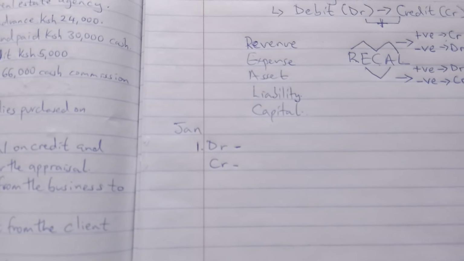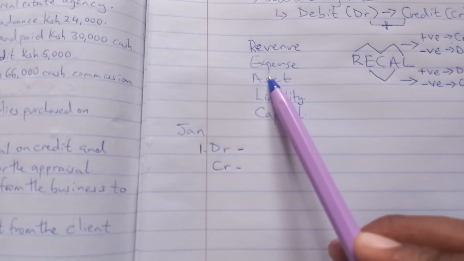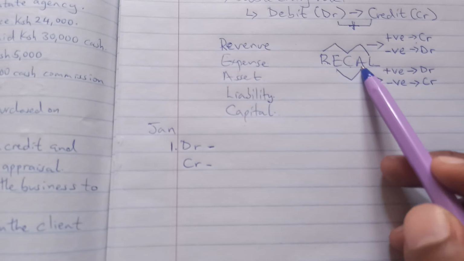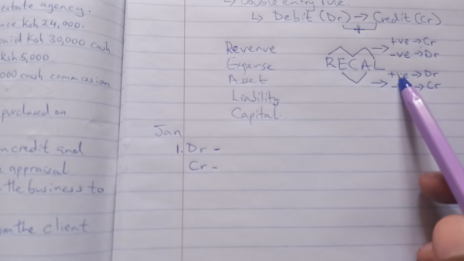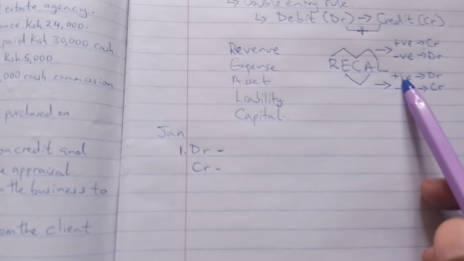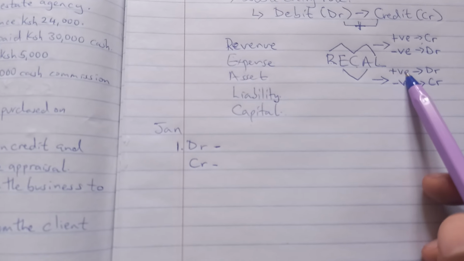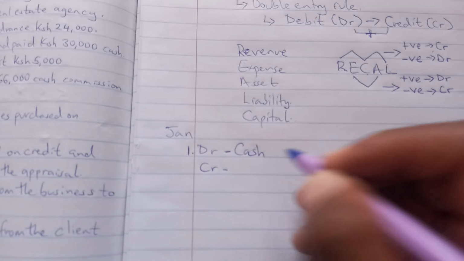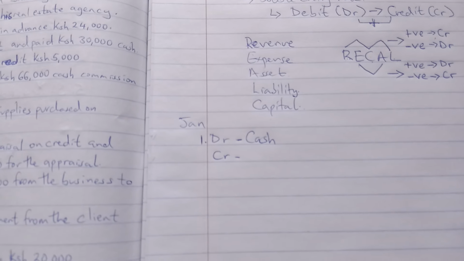Now cash is under assets. In this family of assets, we didn't have cash, but because of Mr. Martin, now we have. So that is a positive change. So what does it mean? We will debit the cash account.